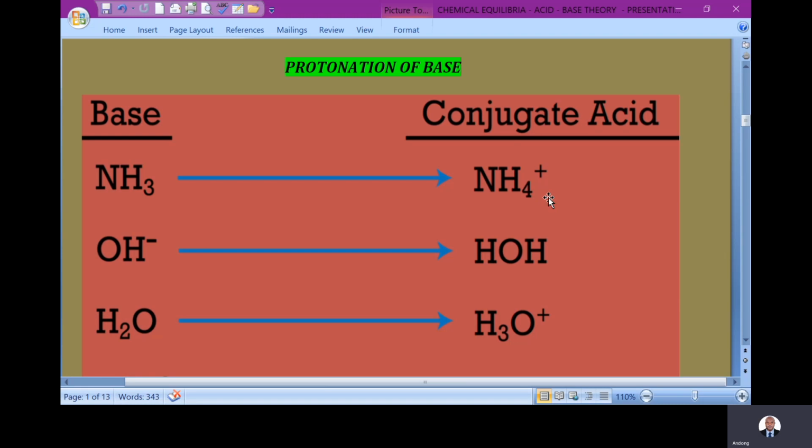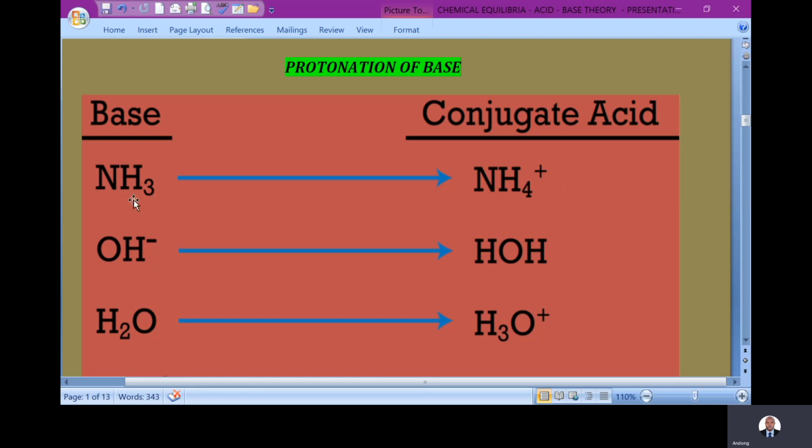On the other hand, if you are given a conjugate acid to look for the base, because we said every acid has a conjugate base and every base has a conjugate acid. So now, let's say this is the acid. You want to have the conjugate base. The conjugate base for this will be what? You have to take away, give out a proton. You have to give out a hydrogen and a plus charge.